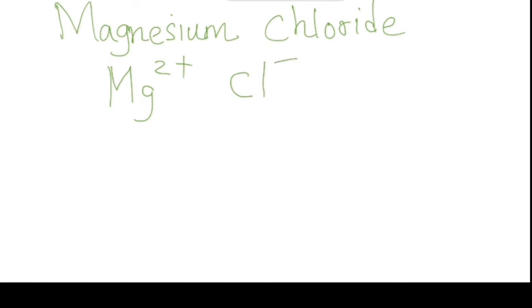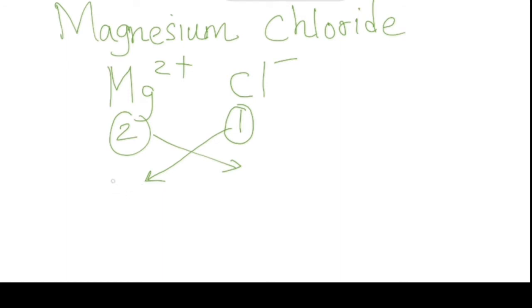I have already explained this, right? You can use the group number to deduce the charge on the ion. So Mg2+ and Cl-. As a next step, you need to find out the valency. The valency of magnesium is 2, the valency of chloride is 1. Then you need to interchange these valencies.